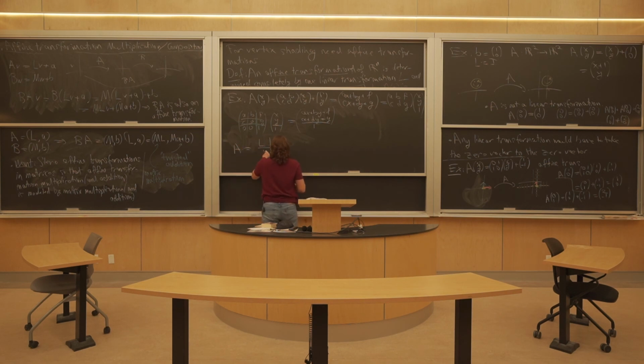Okay? So this is, using that notation over there, L, v, 0, 1. I'm lumping 0, 0 as the 0 vector. Oh, sorry, this is A. And B, maybe I should write it like this: B equals M, b, and by the same schema, I'm going to get M, b, 0, 1.